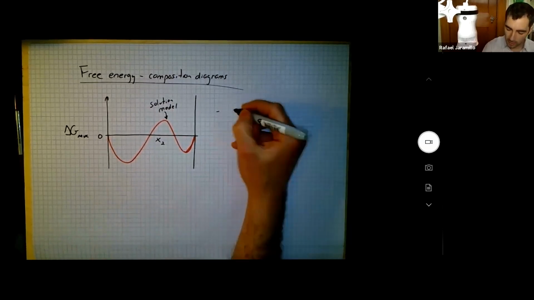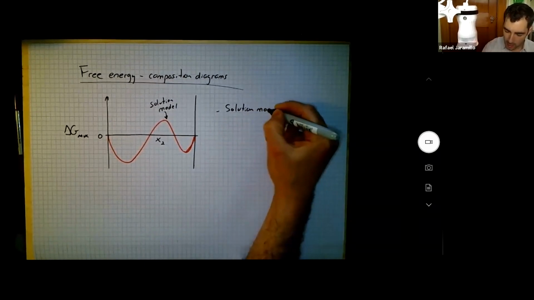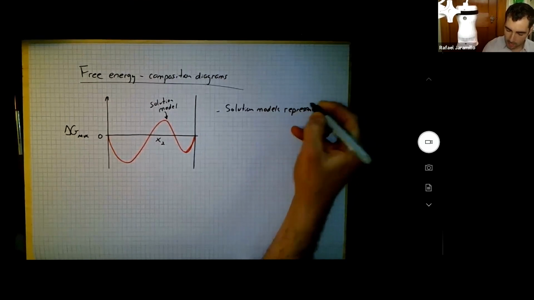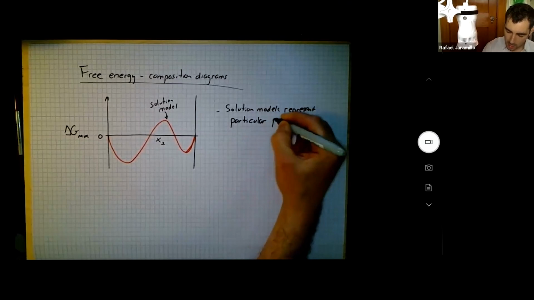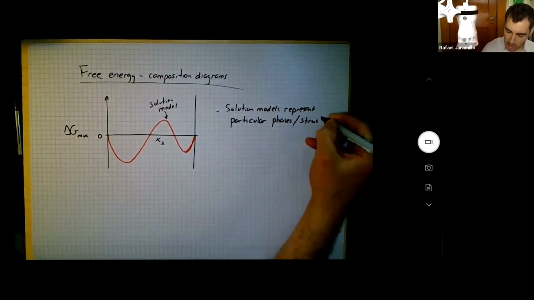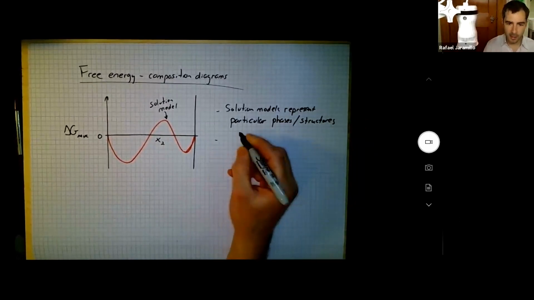Right? The solution models represent particular phases, or I should say structures, like FCC or BCC and so forth, or liquid or gas.